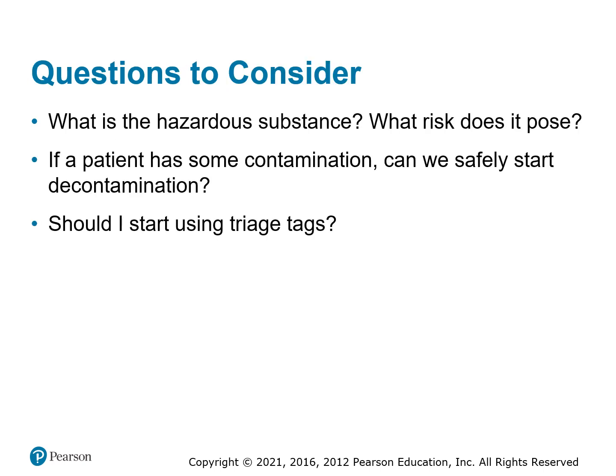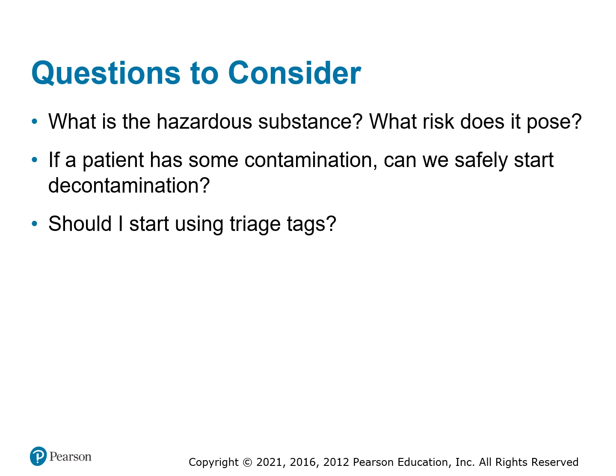Some questions to consider. What is the hazardous substance and what risk does it pose? Again, if we can identify this placard or the safety data sheet, we can look at the emergency response guide and figure out what risk it poses and our hot zone, all that.